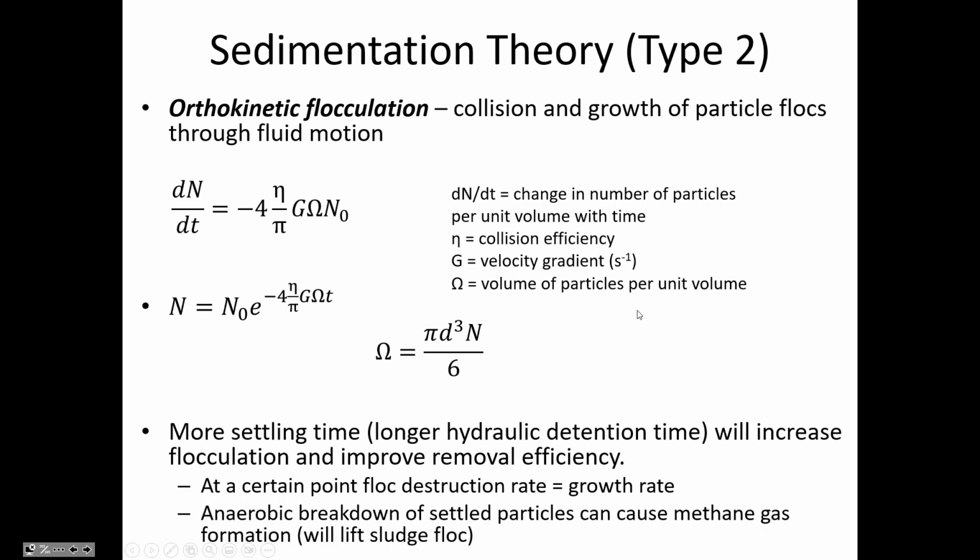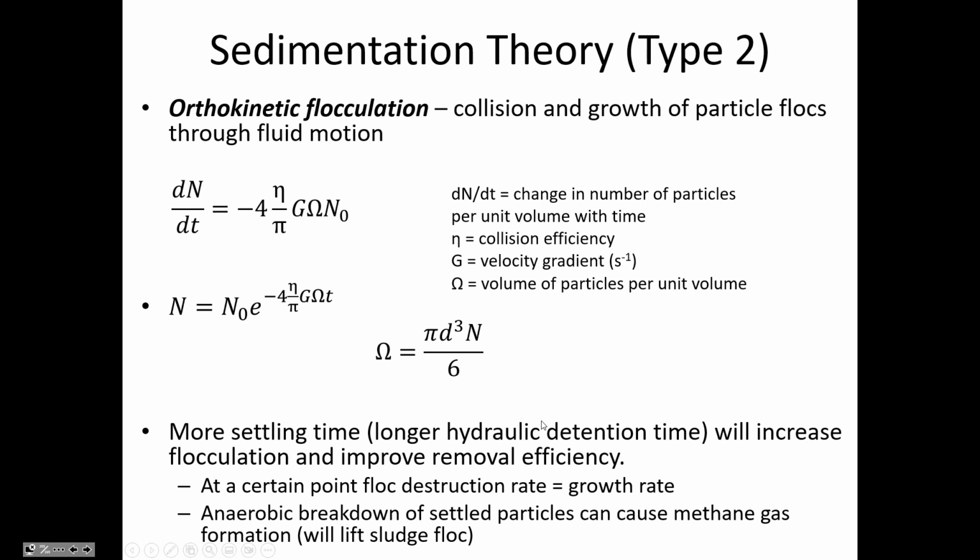Now, this model works pretty well, except that there are a couple of deviations from this theoretical behavior. And one is that this idea of orthokinetic flocculation would say that if you gave the particles an infinite amount of time, eventually you just end up with one particle, because, statistically speaking, the last two particles would bump into each other, and then there'd just be one massive particle that had settled to the bottom of the tank.